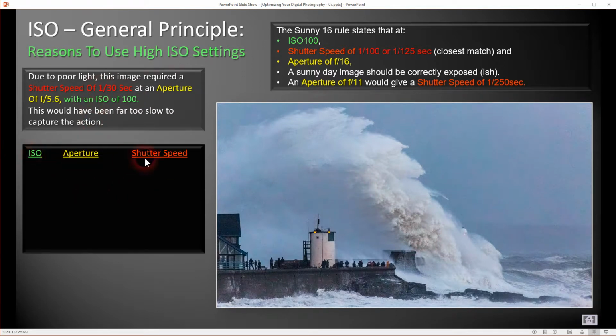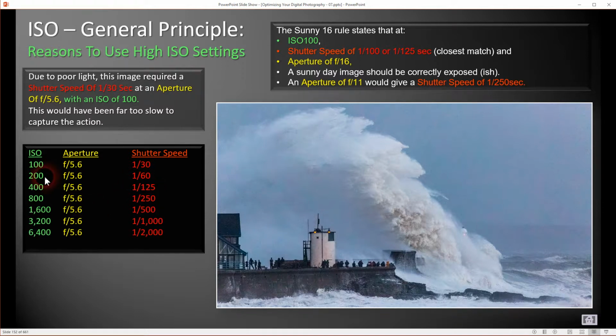So again, we can go back to our little chart here. 100 ISO, f5.6, 1/30th, not quick enough. 200 ISO, f5.6, 1/60th of a second, and we can keep on going up the scale like this. Double the ISO, we can double the shutter speed as well. Okay, we can go all the way up to something like that.